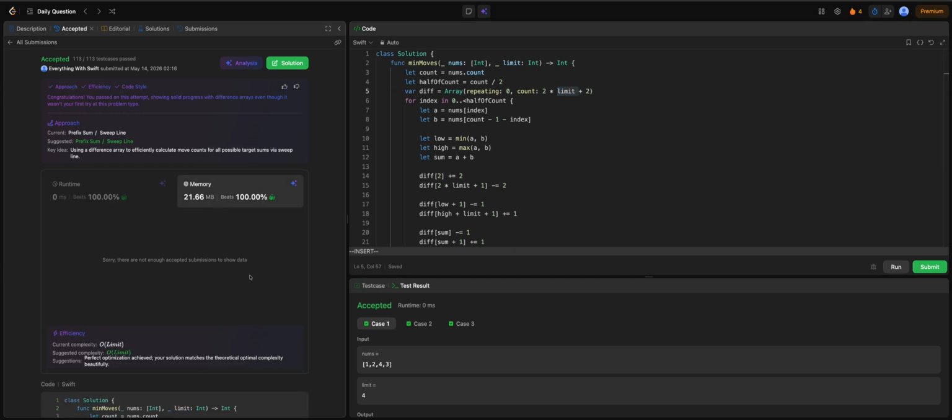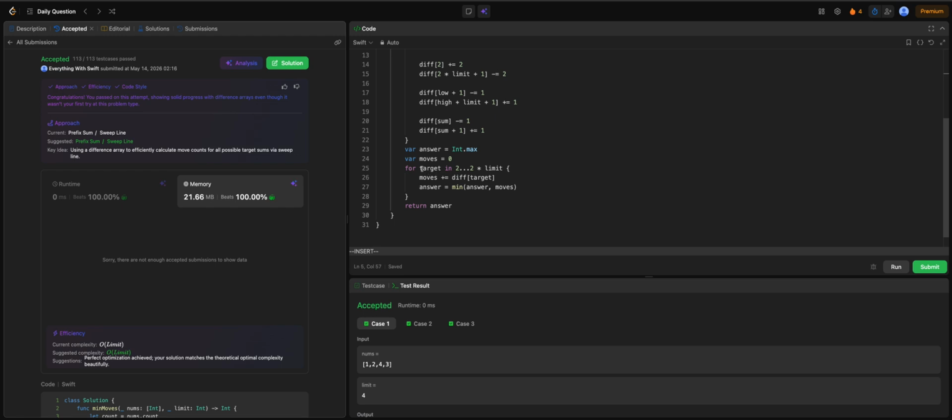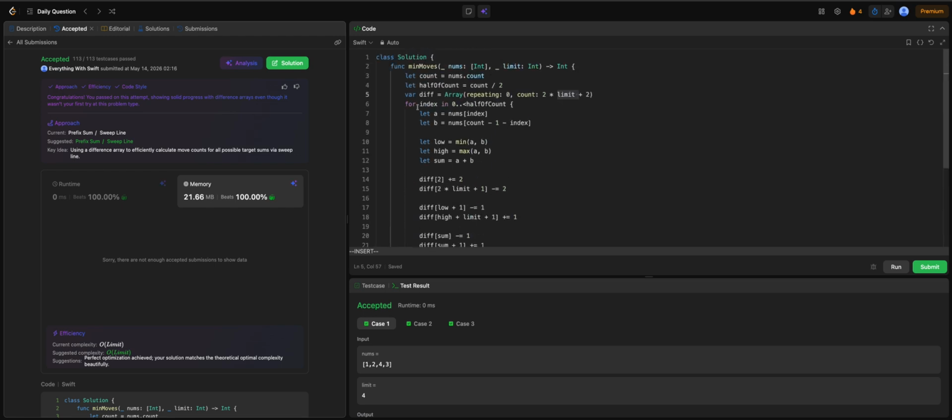The same for the memory, that is only depending on the limit because we are using the extra array based on the limit count.